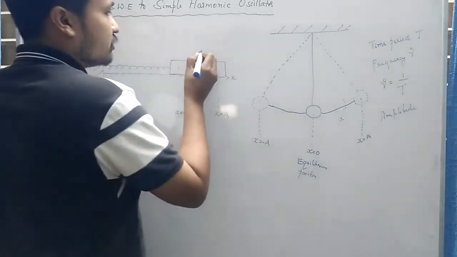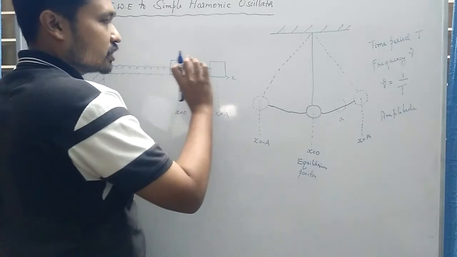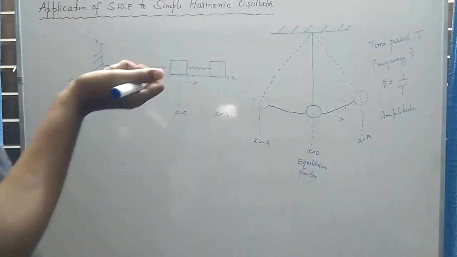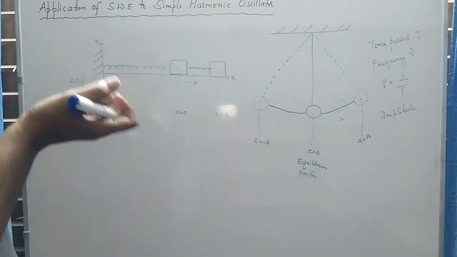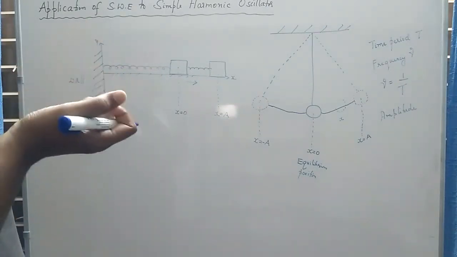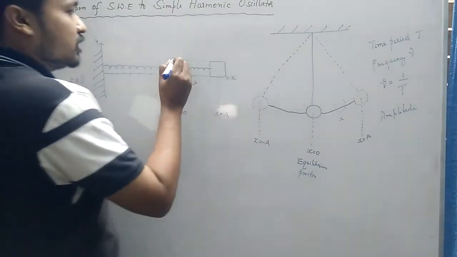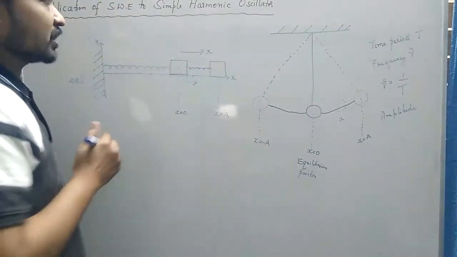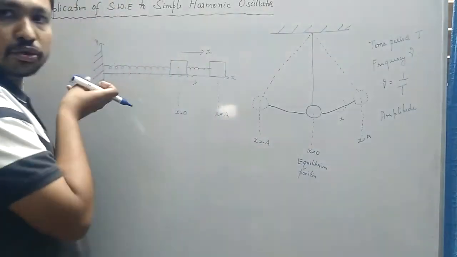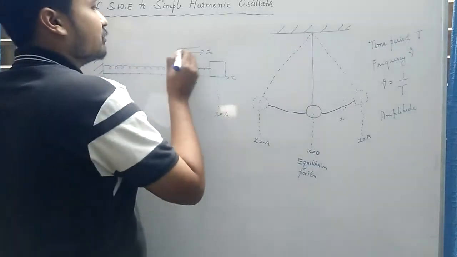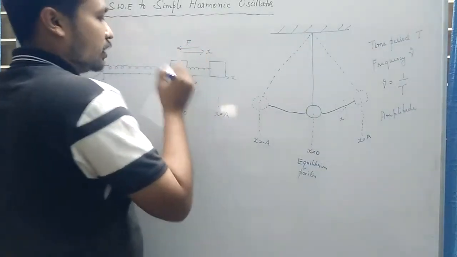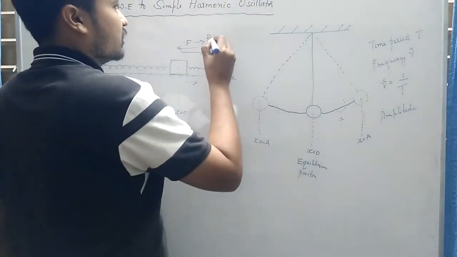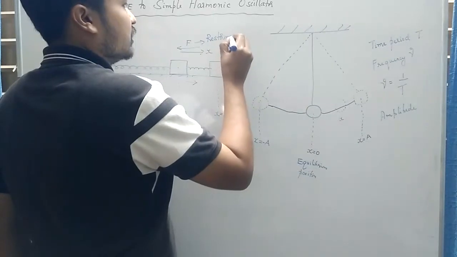So there is some kind of force acting in the opposite direction when I am taking the object away from the equilibrium position, which is trying to restore the object to its equilibrium position. So if the object is displaced towards the right, which I have done here, then there is a certain force acting through the spring, which is trying to bring the object back to the equilibrium position, and this force is called the restoring force.